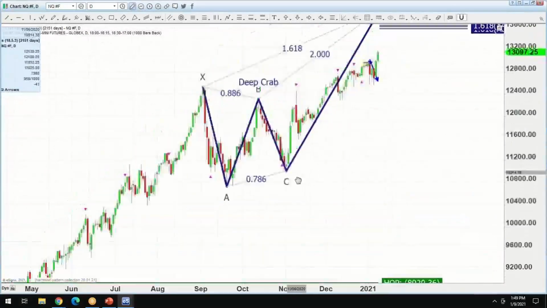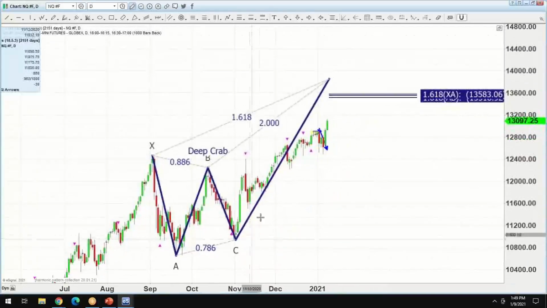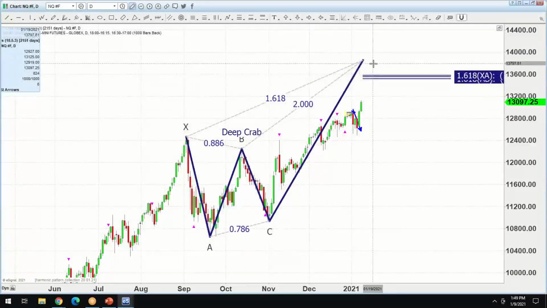So the question is, if we don't have a sun icon, let's say this thing blows right through and we don't have a sun icon, does it automatically get canceled? Yes. If you don't get a sun icon or this doesn't generate and turn red, there's no structural opportunity. That was really the takeaway from yesterday.